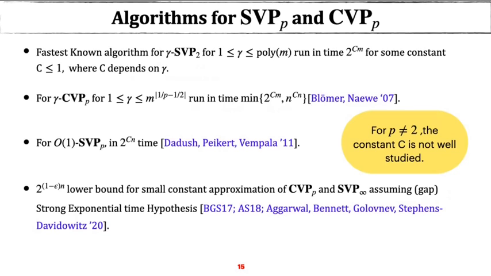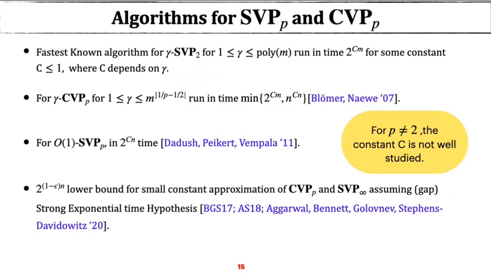These lower bounds come by assuming the strong exponential time hypothesis and its variants. So we believe that at least for any Lp norm, solving CVP and SVP infinity is not possible in better than 2 to the n time.